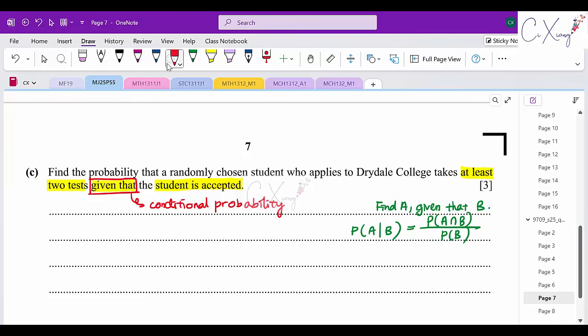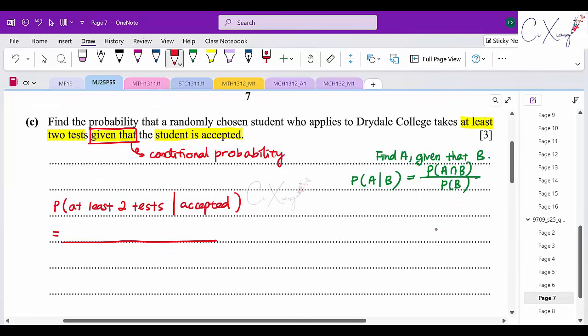Okay, and let us try to apply it in the context of this question. We have take at least 2 tests, so I write at least 2 tests. Given that, so you put a slash. Student is accepted, then you put accepted here. And this is the symbol for the conditional probability. Now we apply the formula.